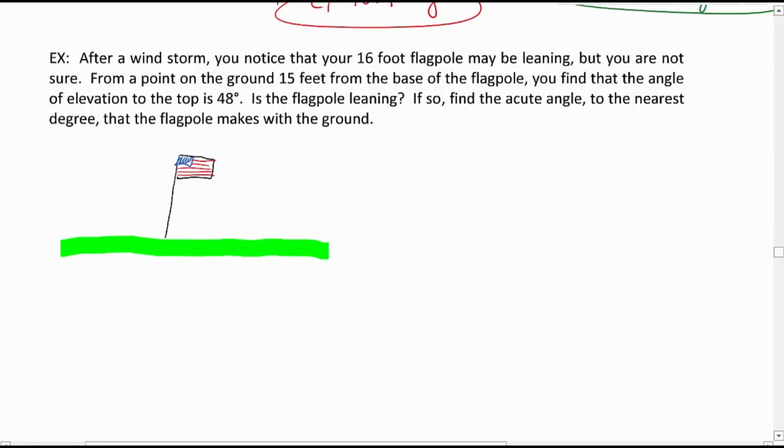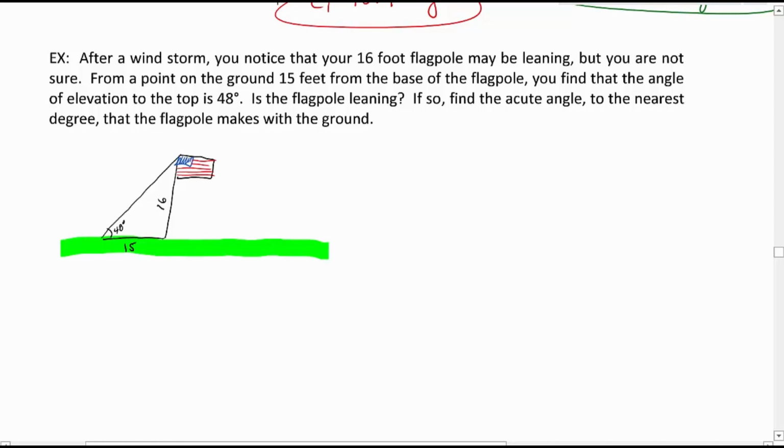All right, so it tells me that your 16-foot flagpole, so this is 16, from a point 15 feet from the base of the flagpole, so over here 15 feet, you find that the angle of elevation to the top is 48 degrees.